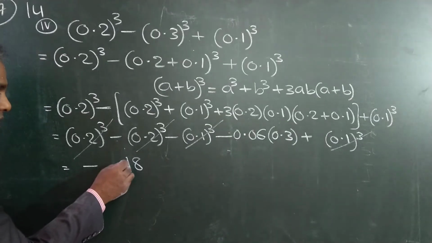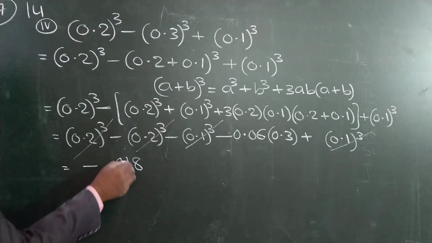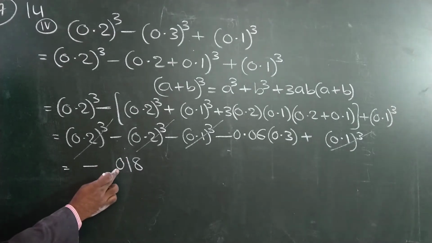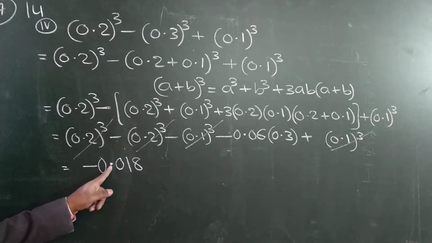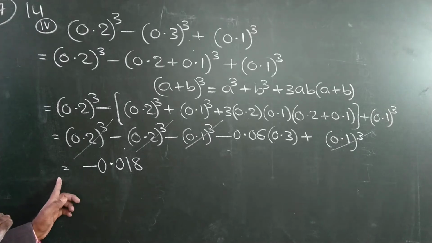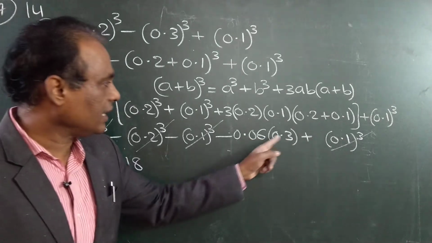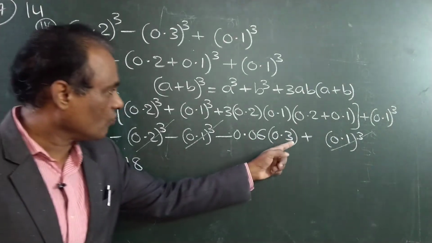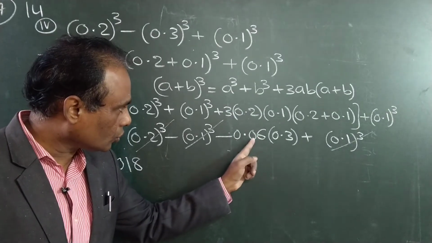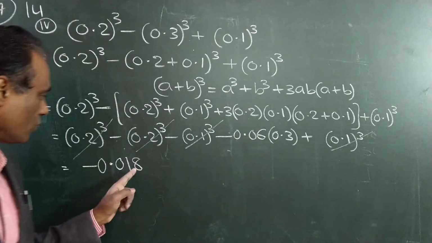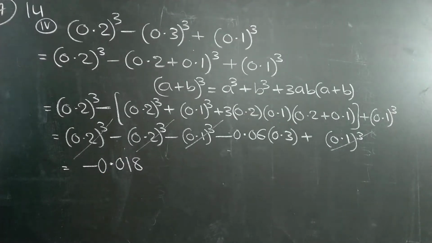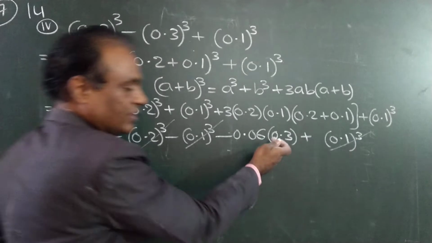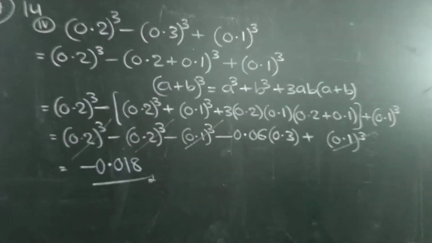If there is nothing on the left side, we always keep 0, because we don't write just a decimal. So 3 into 6, 18: 1 digit, 2 digits, total 3 digits, so you keep 1 more 0. So this is the answer. I will explain this once again. You just write it down.